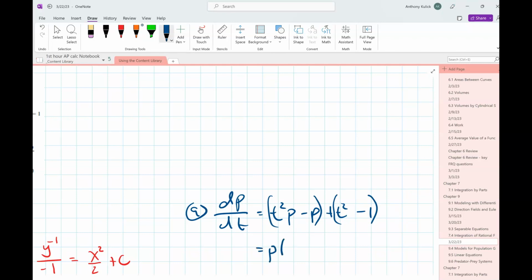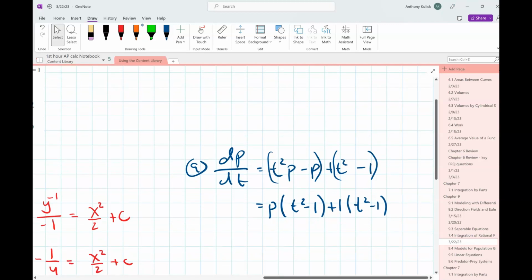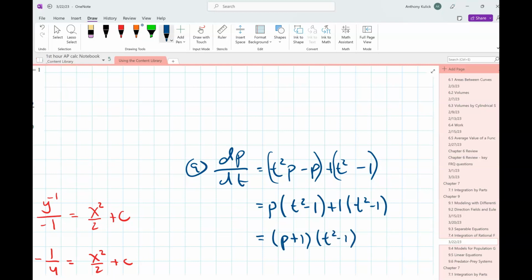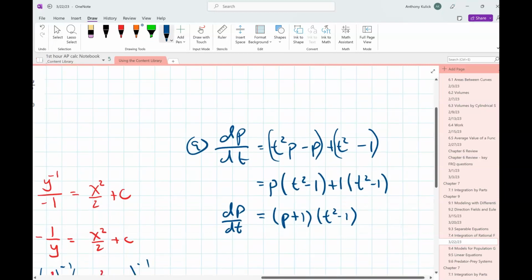So I'm just going to make 2 groups. From the first group, I can take out a greatest common factor of p. And from the second group, I can take out just a 1. So that's going to be p plus 1 times t squared minus 1. And now I'm real happy because I notice that when I do that, I have a factor of p times a factor of t, and there's no shared variables between the terms, which is awesome.